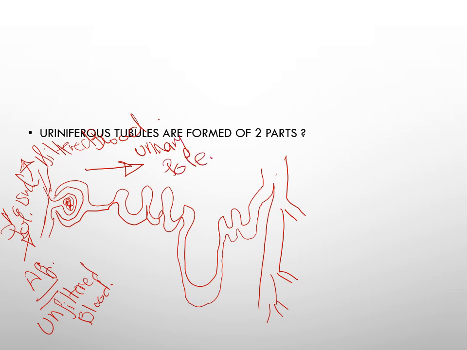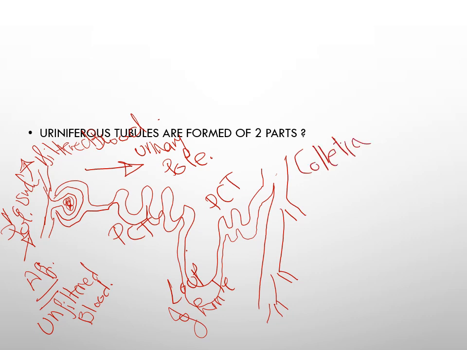Okay, and then here is the proximal convoluted tubule, loop of Henle, distal convoluted tubule, and collecting tubule. All of these are the structures of the uriniferous tubules.